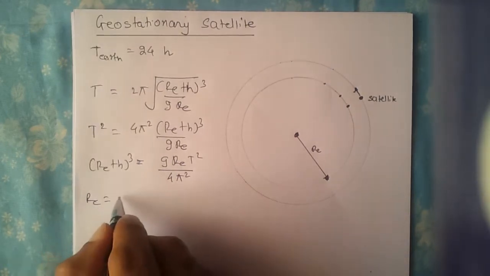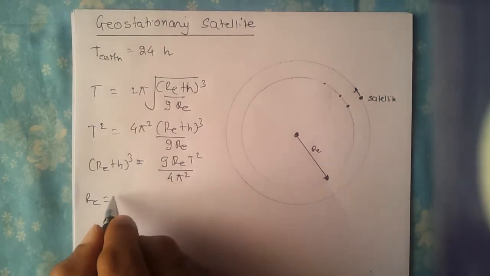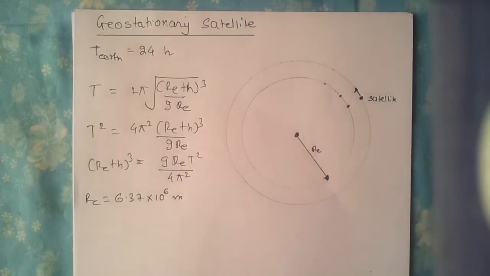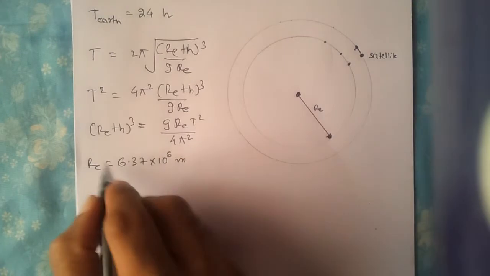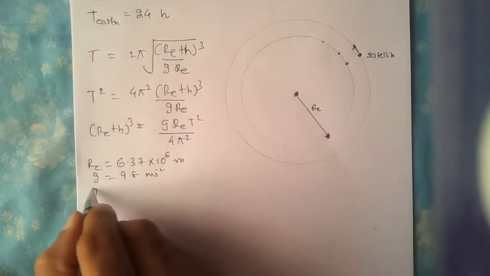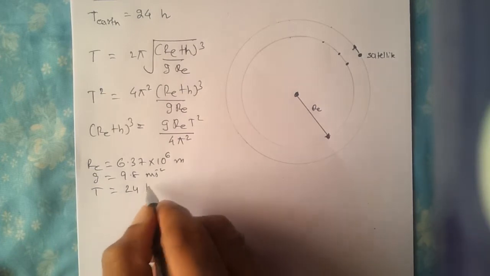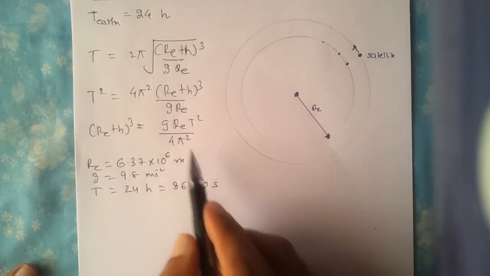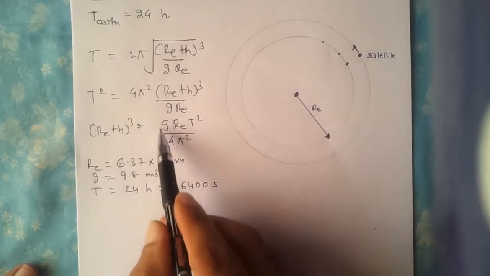The value of RE can be taken as 6.37 into 10 raised to 6 meter. g is equal to 9.8 meter per second square. T is 24 hours, so I can convert that into seconds. I'll get 86400 seconds, and the value of pi is known.